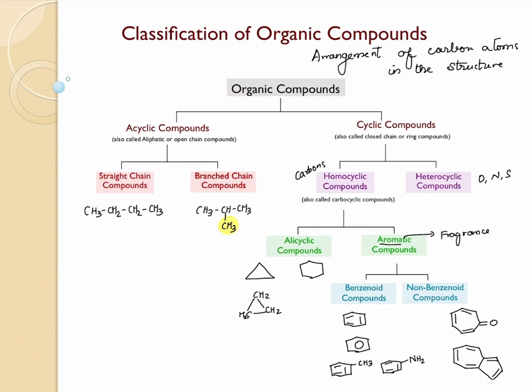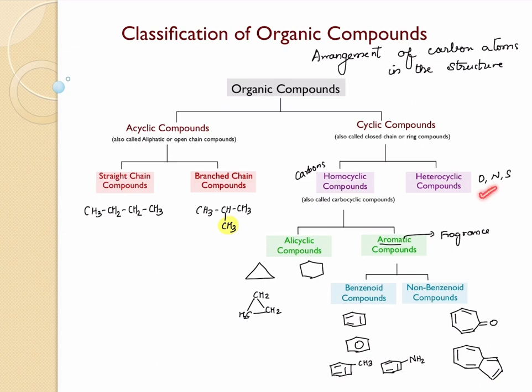So on the whole, the homocyclic compounds are going to have only carbons within the ring structure. Right? In all of these cases we have seen they only have carbons. So even here they only have carbons. Here you might think that there is an oxygen, but this is not part of the ring structure, right?